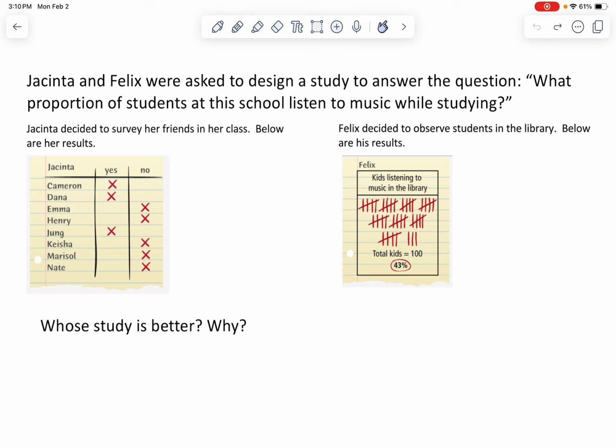Take a look at this. It says Jacinta and Felix were asked to design a study to answer the question, what proportion of students at this school listen to music while studying? Jacinta decided to survey her friends in her class. Below are her results. And then Felix decided to observe students in the library. Below are his results.